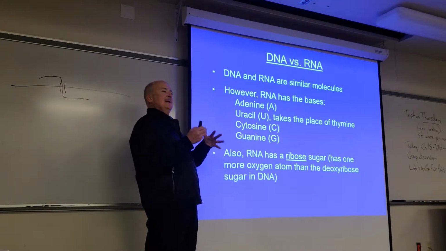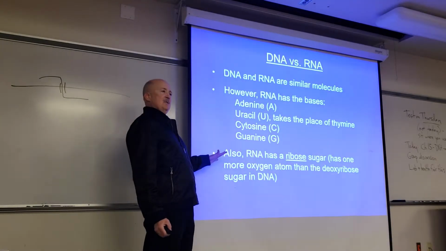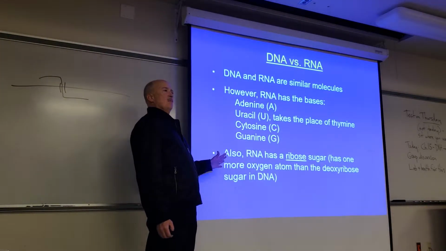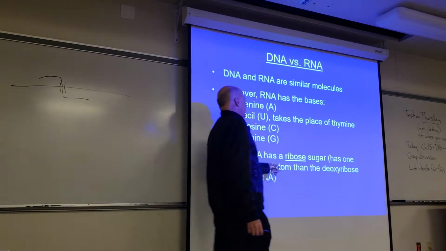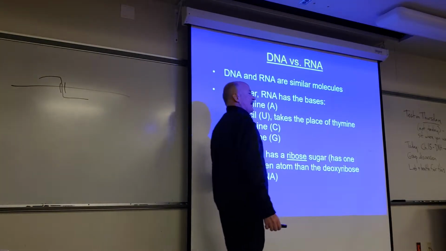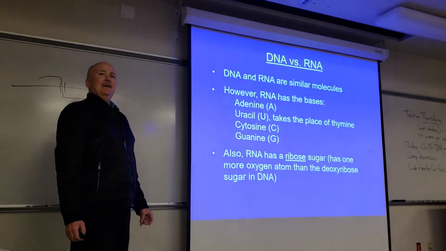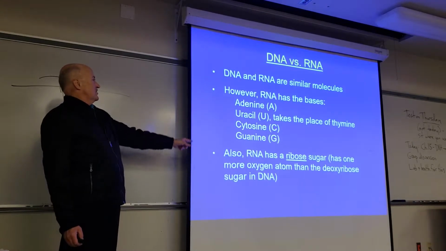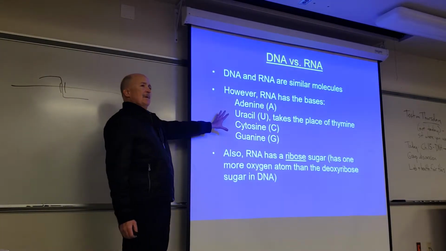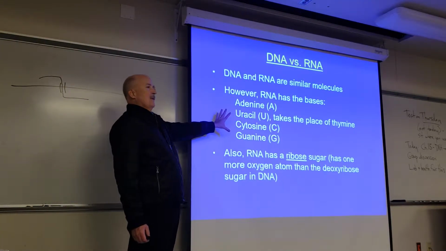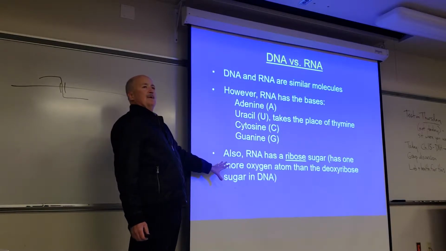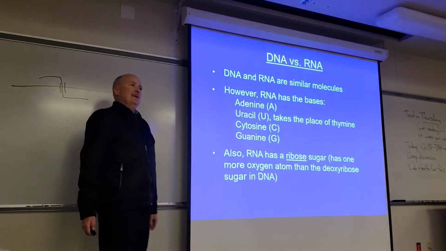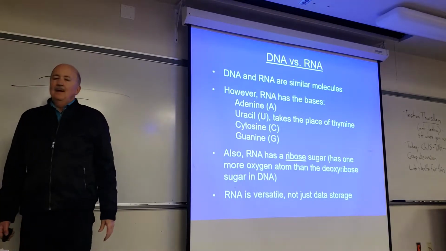RNA actually is central in building the proteins, so it is a much more reactive molecule. The ribose sugar with the reactive hydroxyl helps with that. So these are some differences, subtle but important differences. One difference in the bases and one difference in the types of sugars that these nucleotides have.